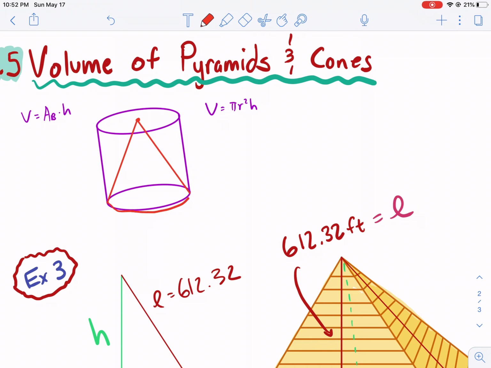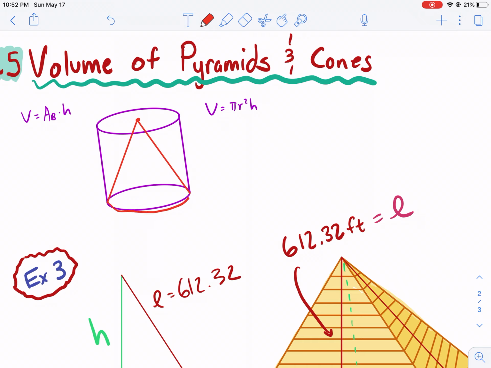You could fit the volume of 3 pyramids inside a rectangular prism with the same side lengths and the same height. If that's hard to believe, check out that video, because they demonstrate how 3 cones fit inside the related cylinder and how 3 pyramids fit into the related rectangular prism.